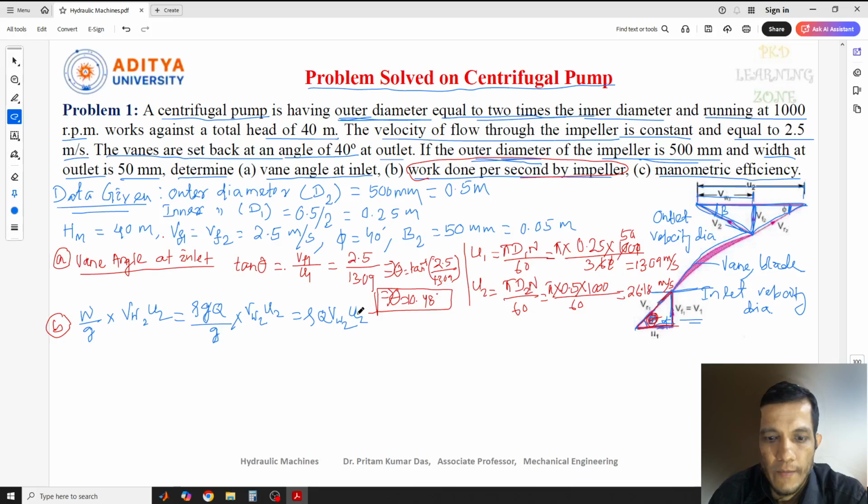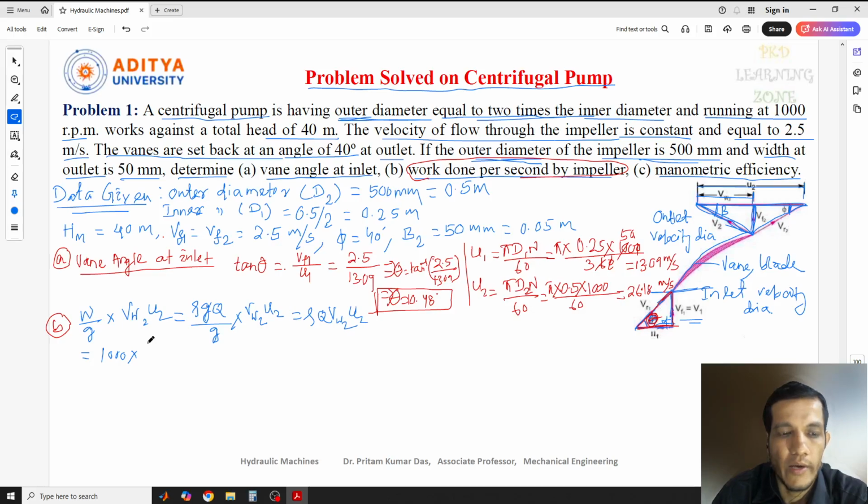In this equation, the only unknown is Vw2, remaining values are known to us. So you can write here 1000 into Q into Vw2 into U2.